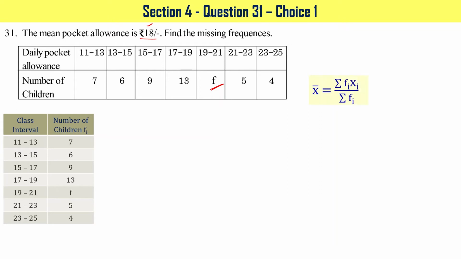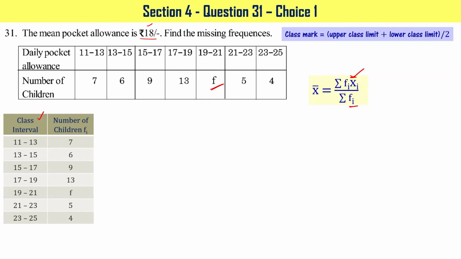We know that the mean x bar is defined as sigma fi xi divided by sigma fi, right? Where fi is the frequency of the given class and xi is the class mark. Here we know the class interval, that is 11 to 13, 13 to 15. We have to find the class mark. Class mark is defined as upper class limit plus lower class limit divided by 2.